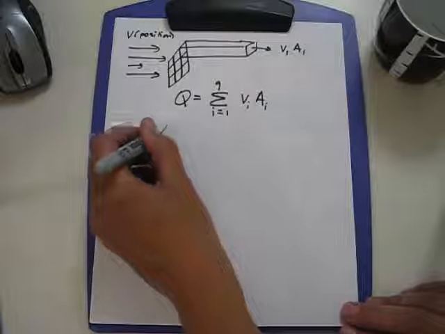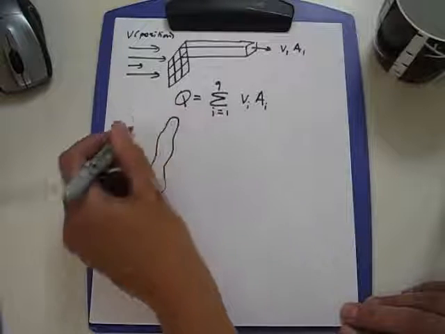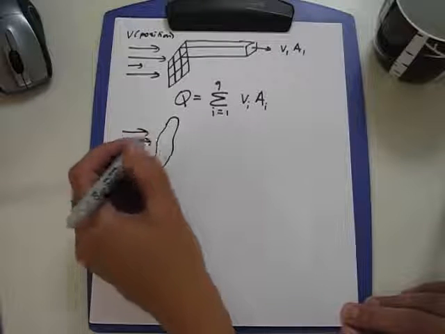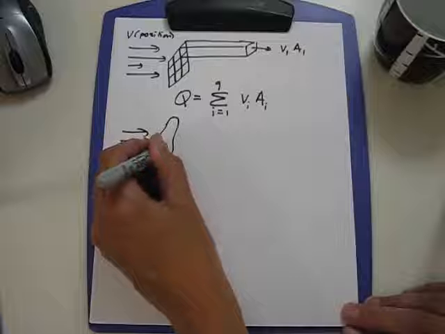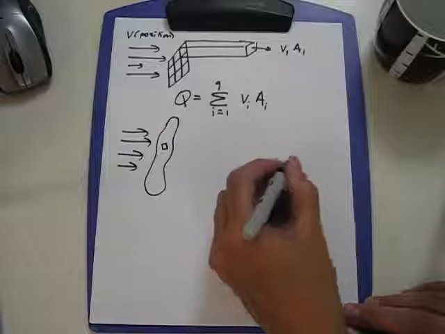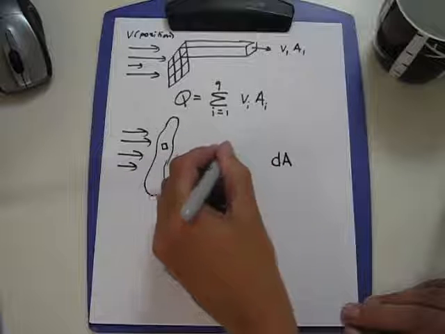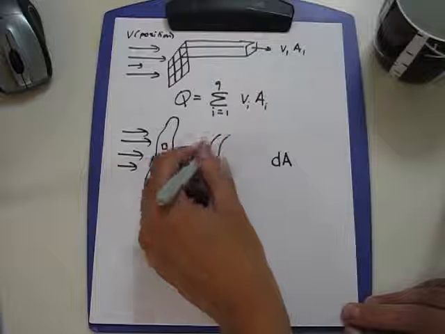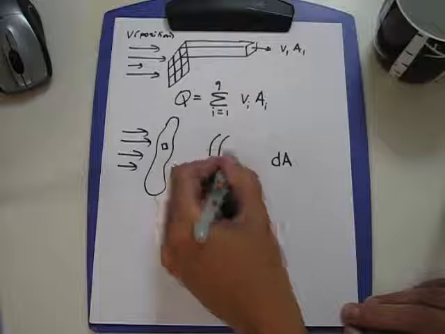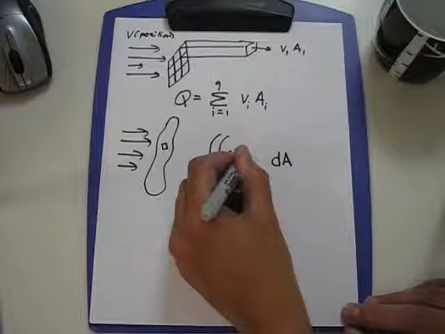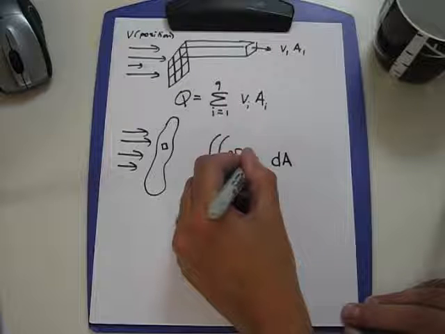If I have an unusually shaped cross-sectional area and a variable flow, then I again divide it up into these little squares, which I might call the differential area dA. And I add up, integrals are summations, I add up over that cross-sectional area the variable velocity v, let's say varying in the x and y directions.